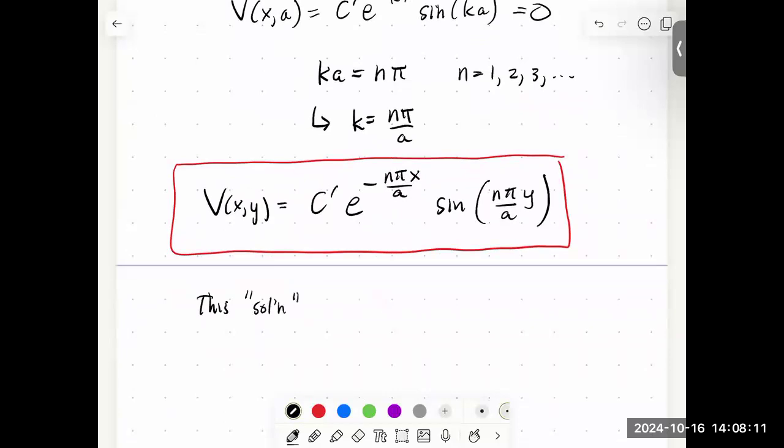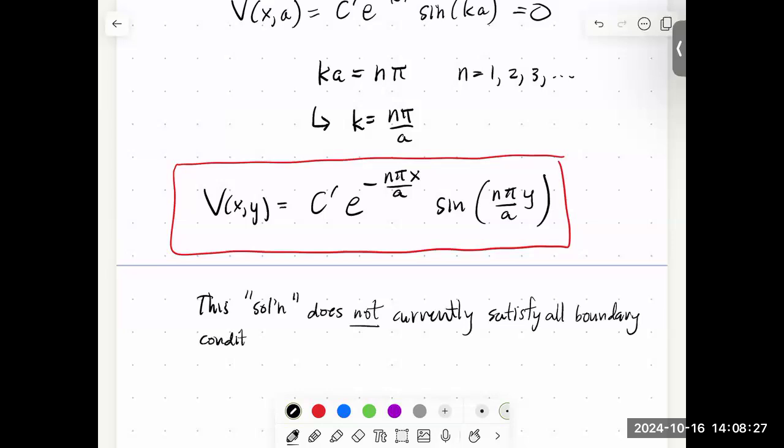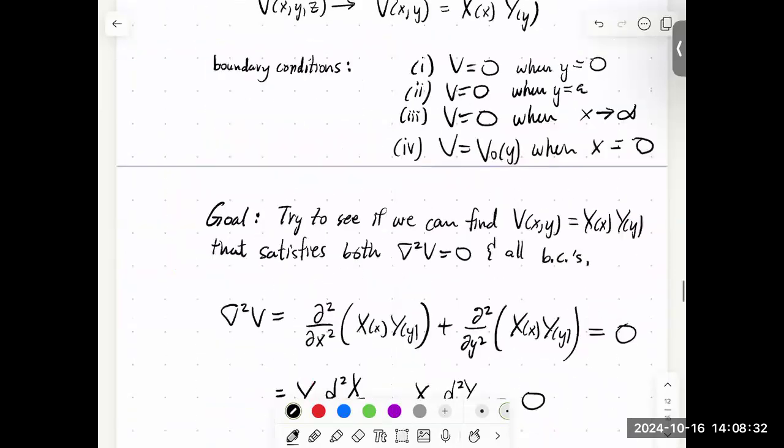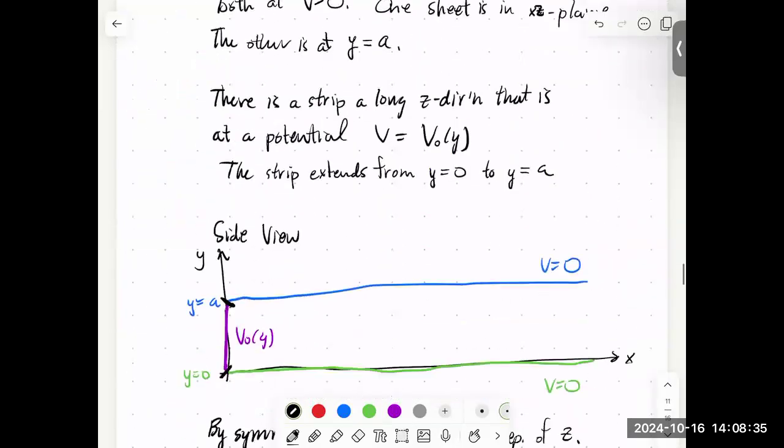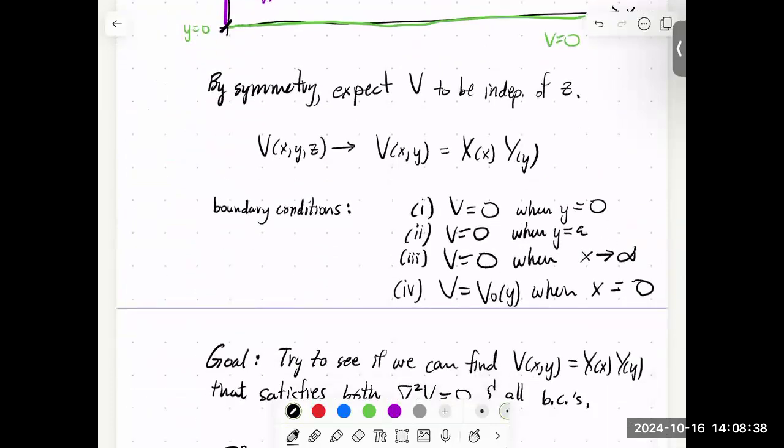Let's go way back here and look at our boundary conditions. Here we go. The one we haven't dealt with is when x equals 0, we need our potential to be v naught of y. And that's potentially something that depends on y.